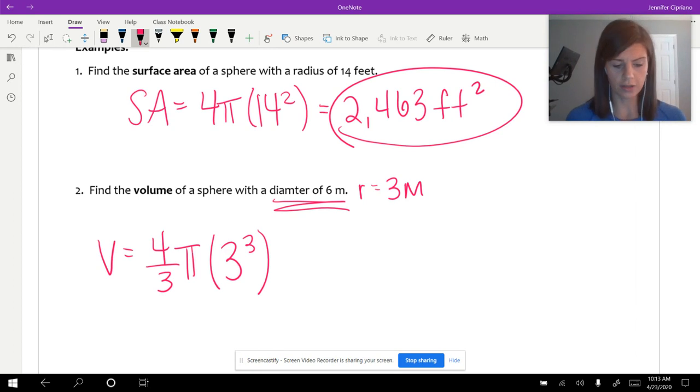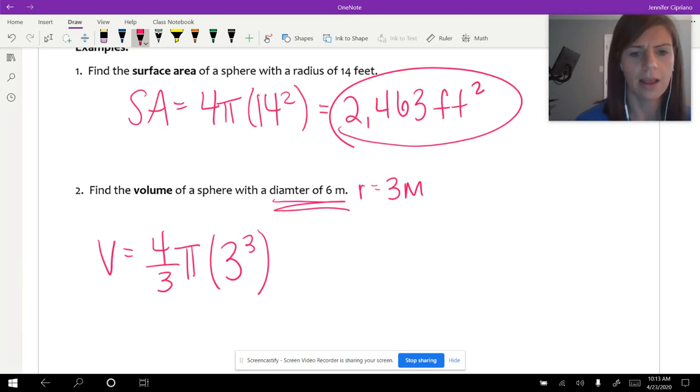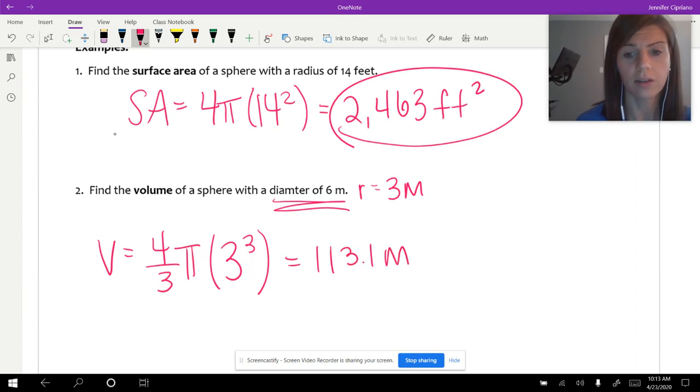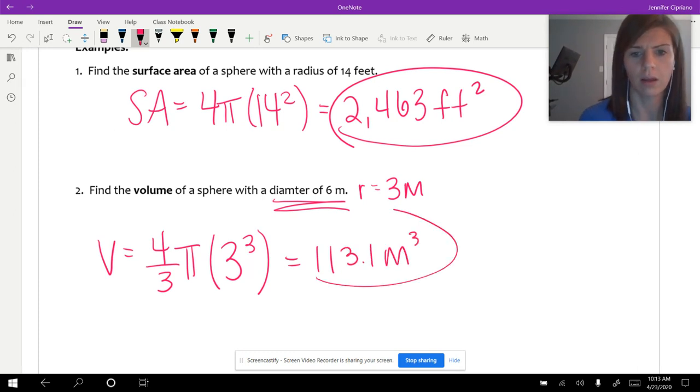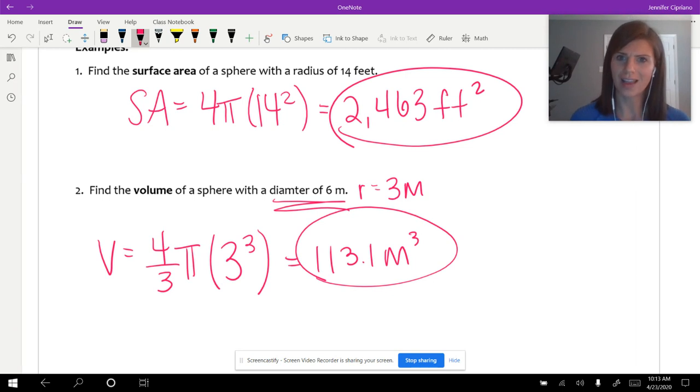So 4/3 times pi times 3 cubed, which is 27. And that gives us about 113.1 meters. Volume is always cubed. So that would be how you find the volume of that sphere. So again, 2 very short, simple formulas.